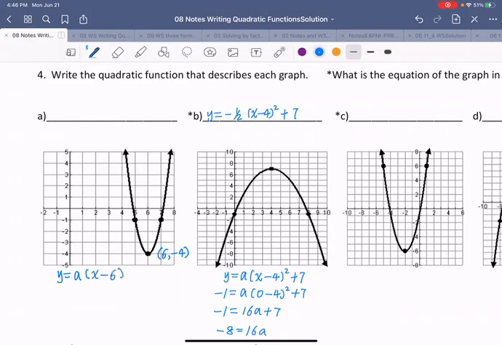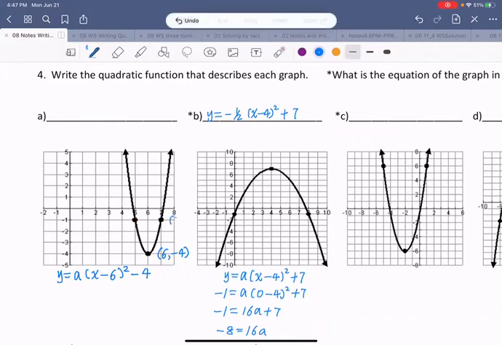Very good, thank you. Now, we don't know the a value, but because of the vertex, we can write down this function. This is really good. I like it. Thank you, Charles.